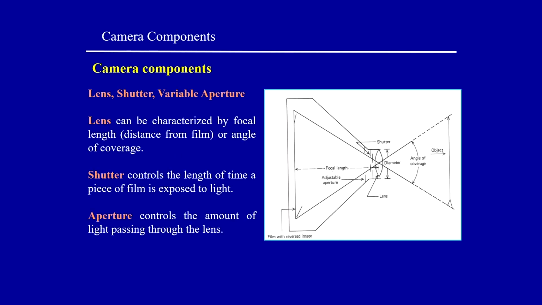Now coming to the other part, camera films. Those who are aware of cameras know we have lens, shutter and aperture. The lens can be characterized by focal length, and that we can easily find out with the type of lens, shutter speed, aperture and all that.